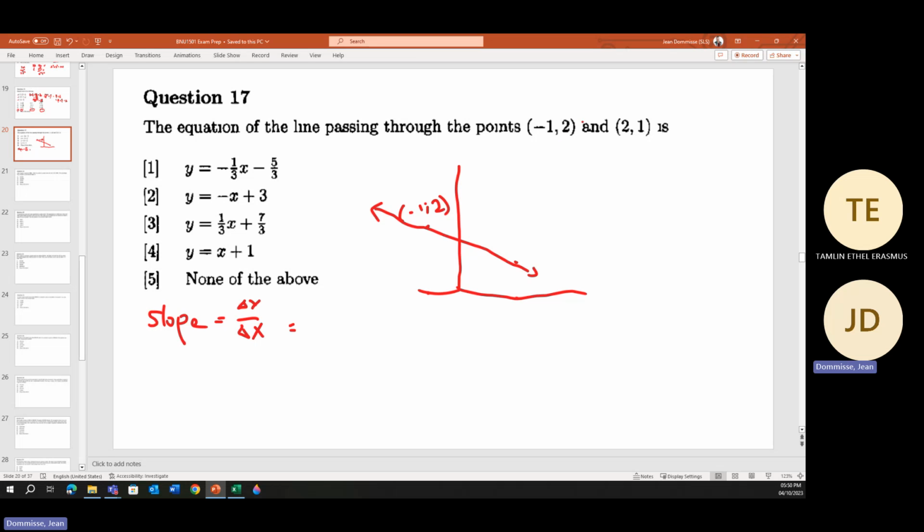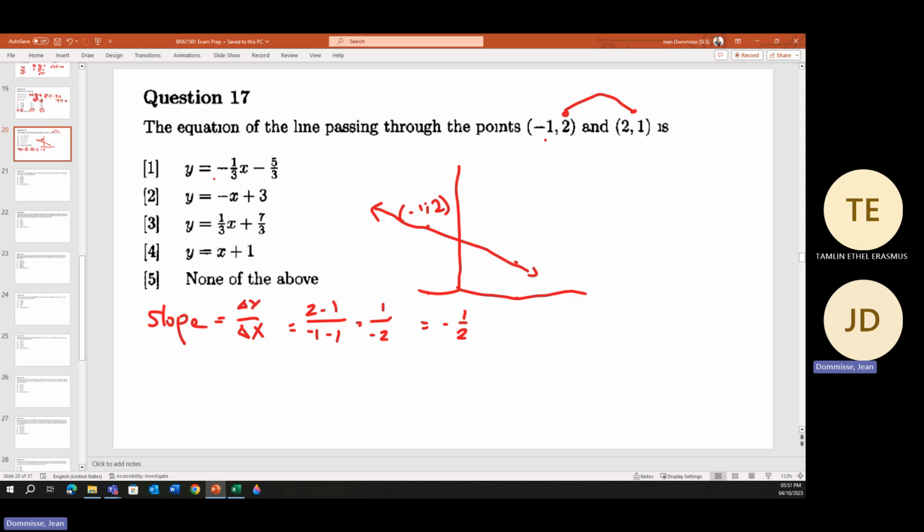So we take the change in y, so 2 minus 1, and the change in x, -1 minus 1. Okay, so 2 minus 1 is 1, -1 minus 1 is -2. So the slope already is minus a half.